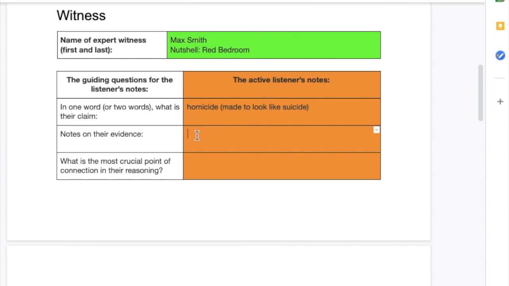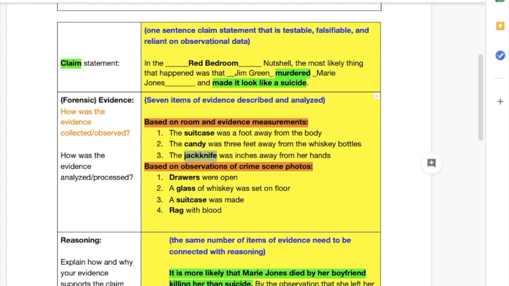So if I go back here to evidence, how many items of evidence as I'm listening to that student's CER and seeing the pictures, how many items can I list? Let's see. I'm going to try to list these 7 items.